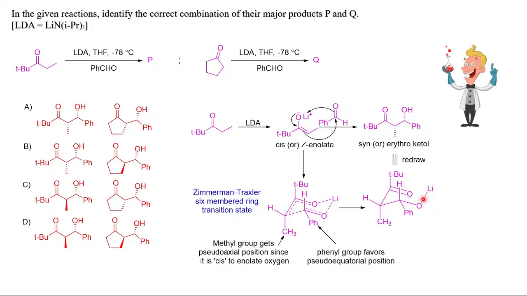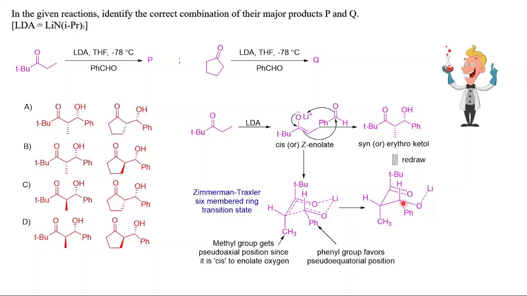Now hydrolysis takes place, this will become OH, and if you see the stereochemistry, tertiary butyl, then carbonyl, then CH3 at back, CH3 is down, okay, and if you see the OH, that is also back side.